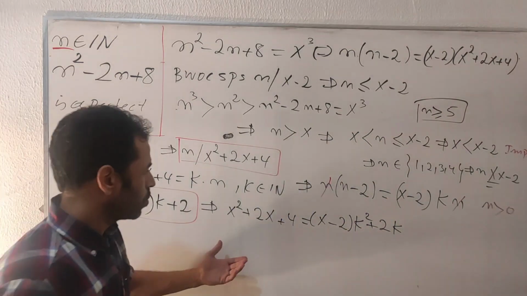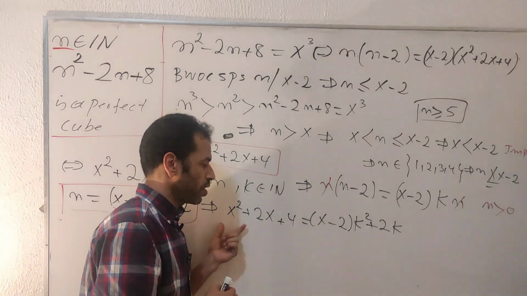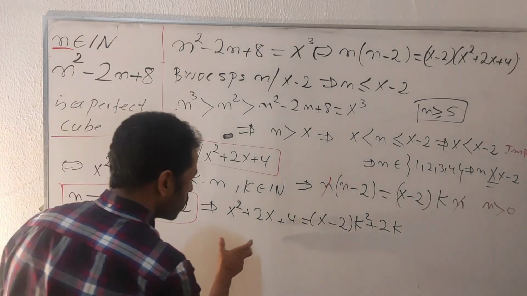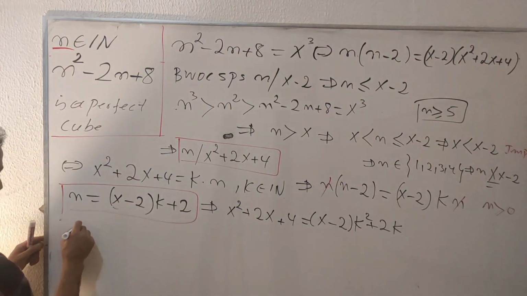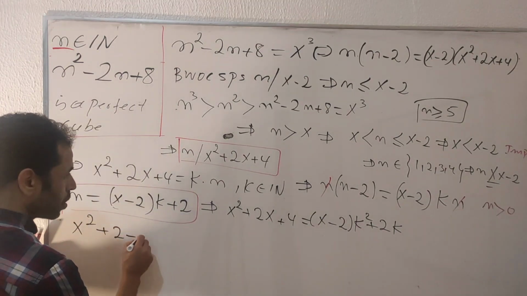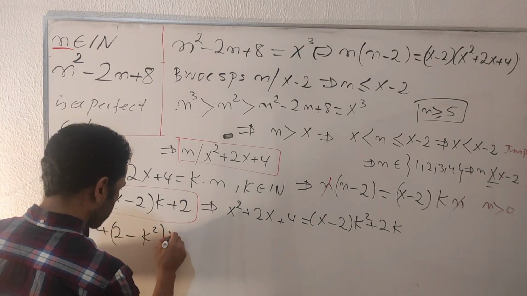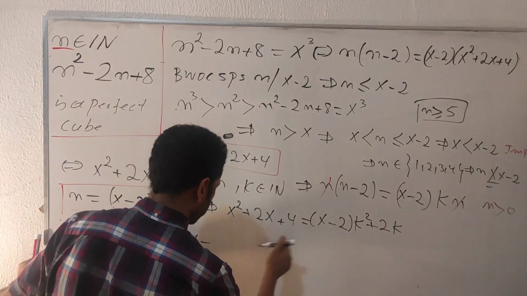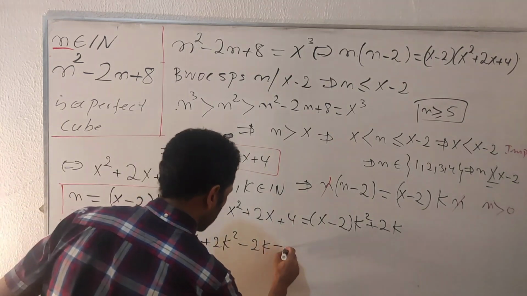Now I'm going to fix k and make x the variable in order to solve this quadratic equation. Taking all the terms to one side, I get x squared plus (2 minus k squared) times x plus 4 minus (2k squared minus 2k) equals 0.